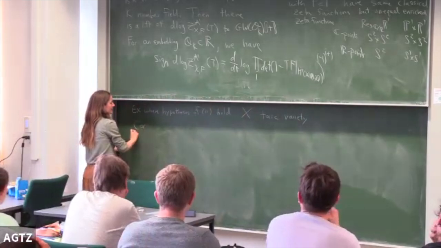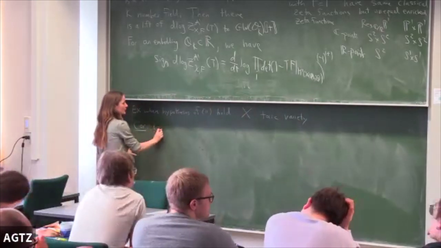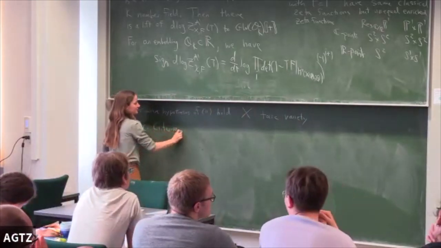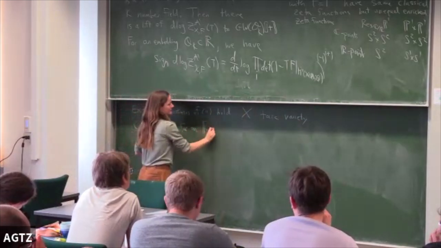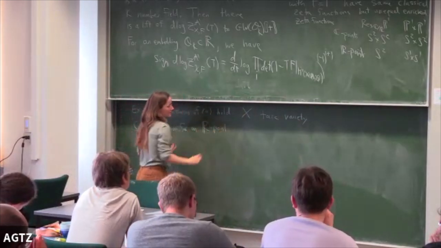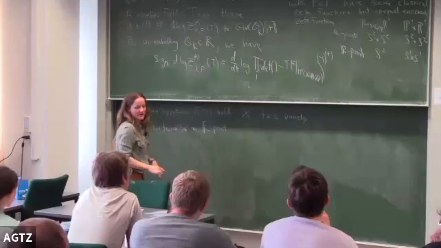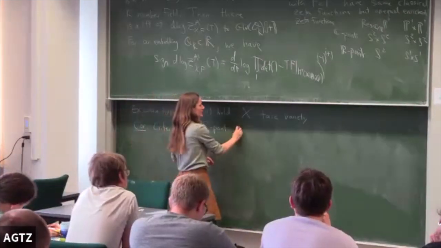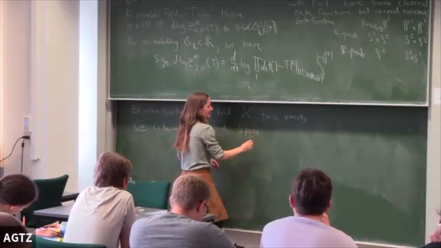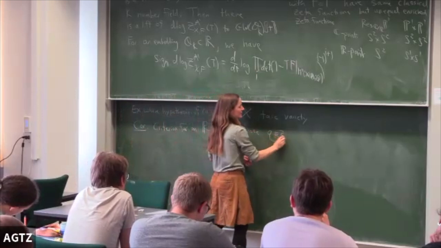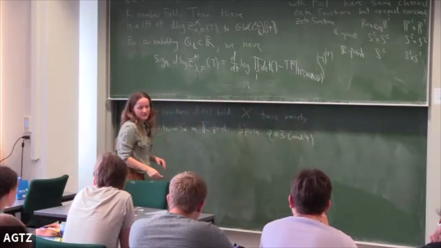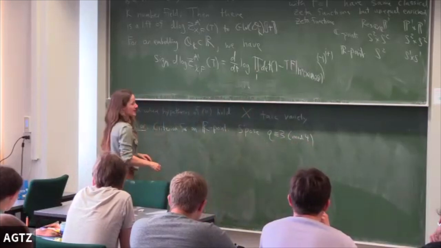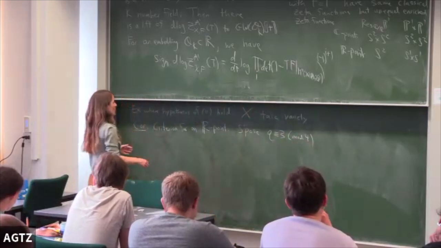A corollary is we have a funny criterion for a real point. Suppose that q is congruent to 3 mod 4 to make it easier to state, and the hypotheses of 2 hold.